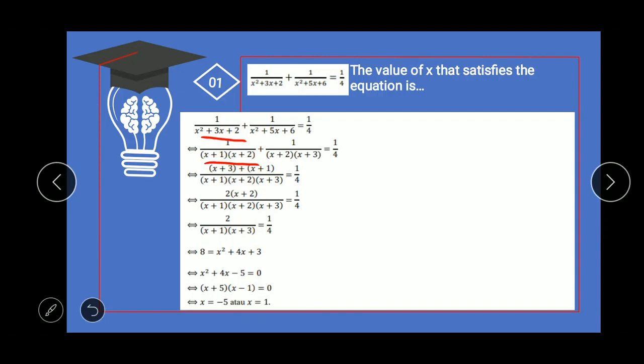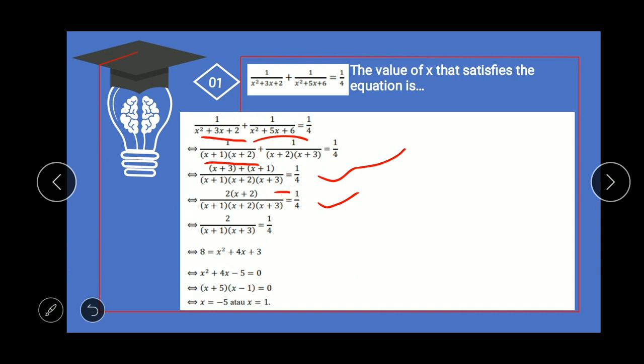I do the same for the second term, and I get this form. Then I add the first term and the second term, but before we add them we have to make sure that they have the same denominator, so we make it the same like this. After that, we sum the numerators, x plus 3 plus x plus 1, and we find this form.